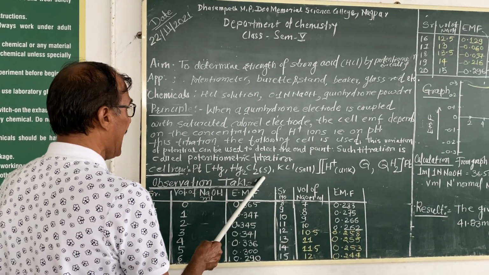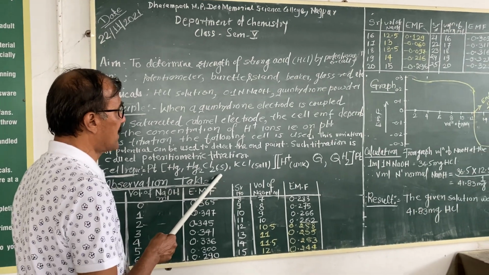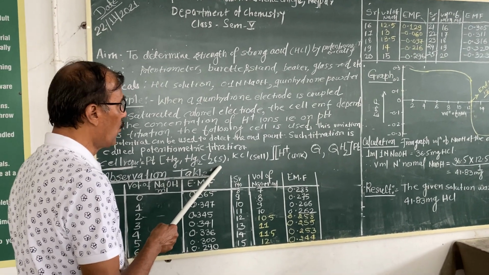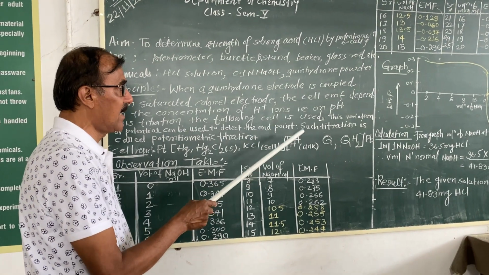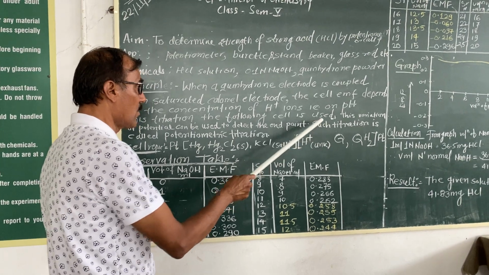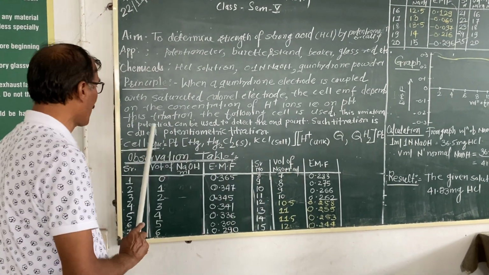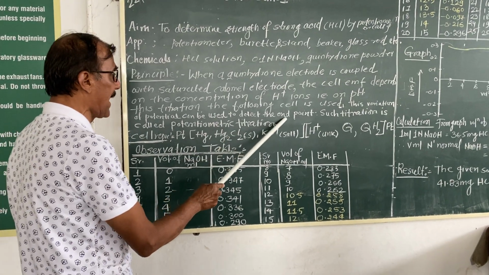When the NaOH solution is added to the unknown HCl solution, there is a change in the potential. So this variation of potential can be used to detect the end point.